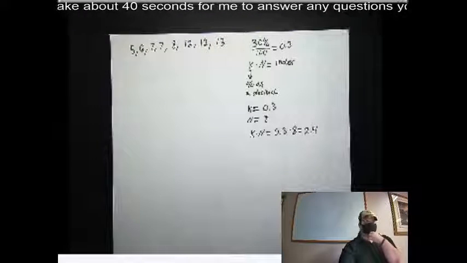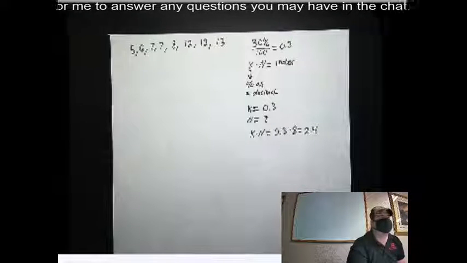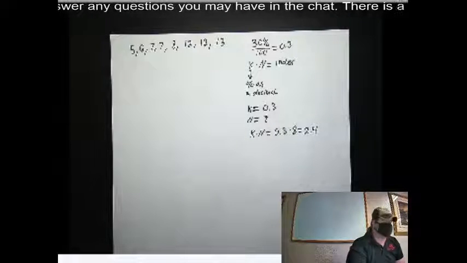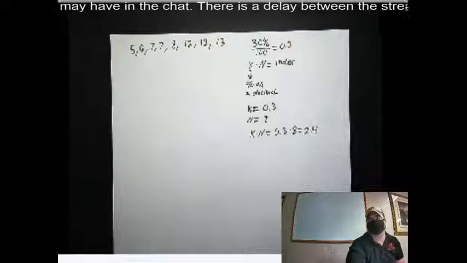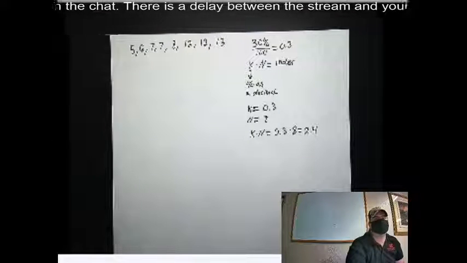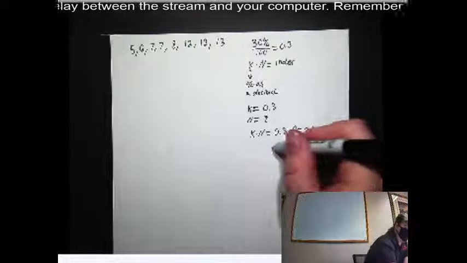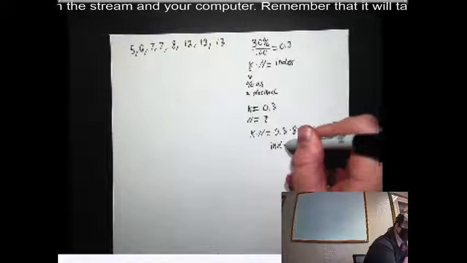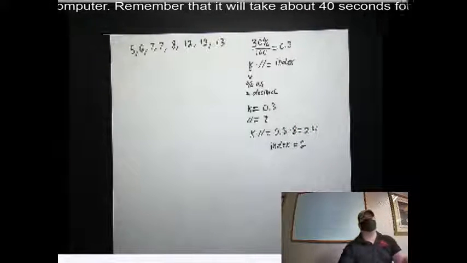Okay. Now at this point we need a whole number. We don't want to take partial steps. We want a whole number. So 2.4, if we round that to a whole number, is what? 2. Yeah. So our index is 2, again because we rounded it.